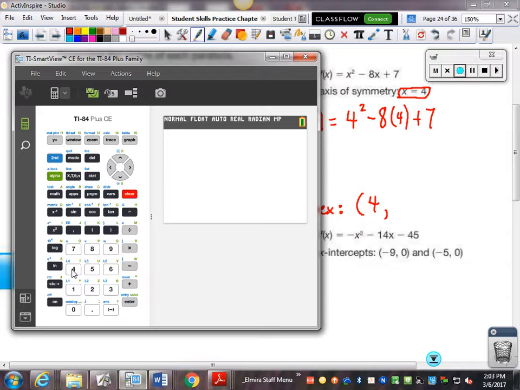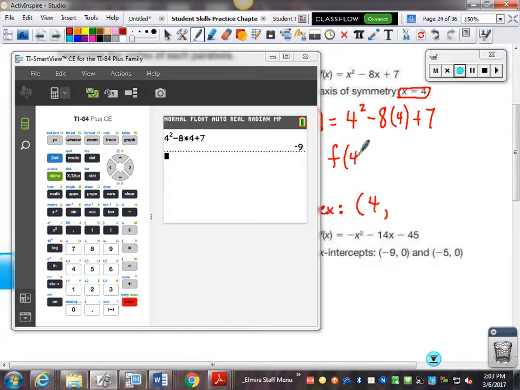Negative 9. There we go, I got my vertex.